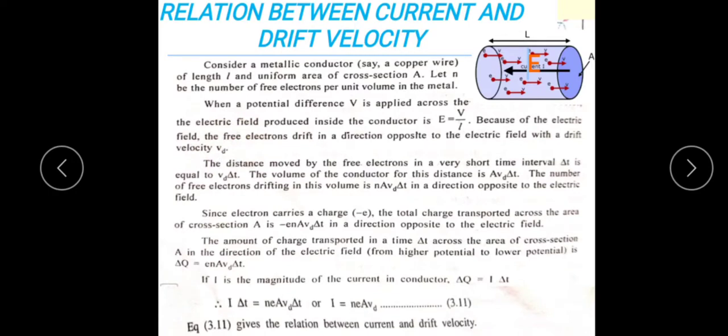The distance moved by the free electrons in a very short interval of time delta t: the electrons inside the metal conductor drift due to the potential difference, within a very small interval of time. So the distance moved by the electron is Vd into delta t.